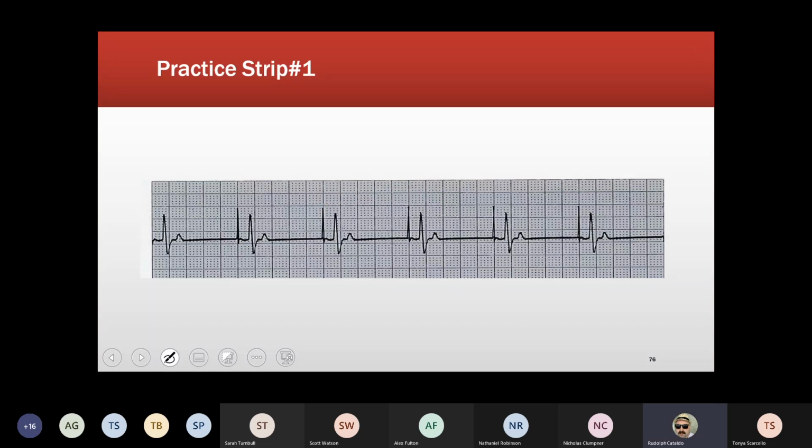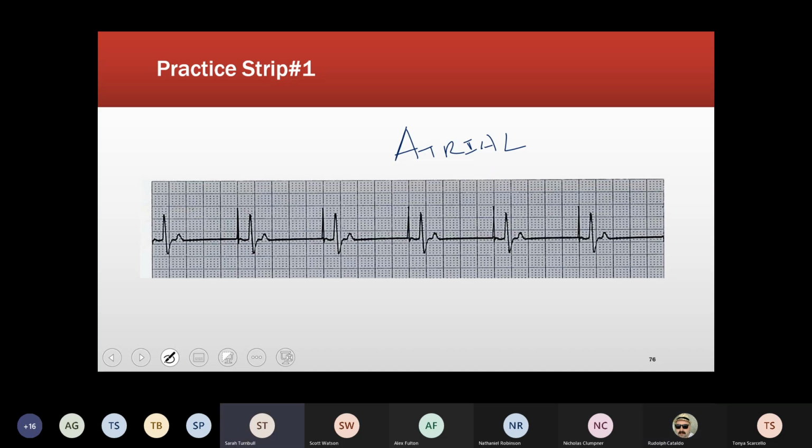Okay, so looking at these strips, this is just having to do with pacemakers. What would you guys say? What type of pacemaker is this that this patient has? Atrial. Okay. Tell me why. Got that extra little, almost looks like a complex.